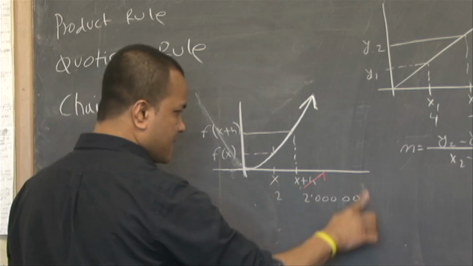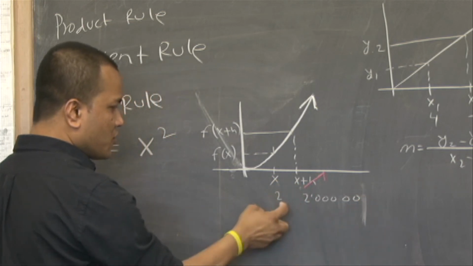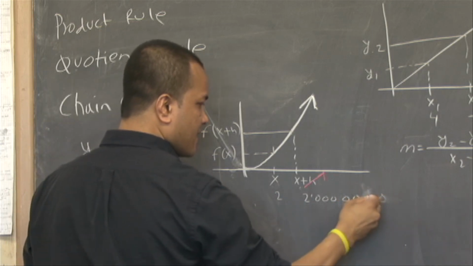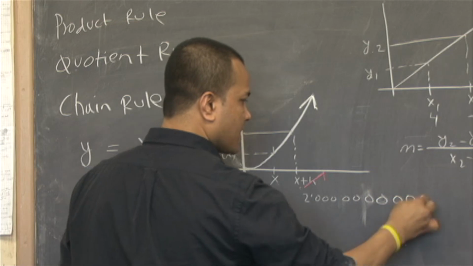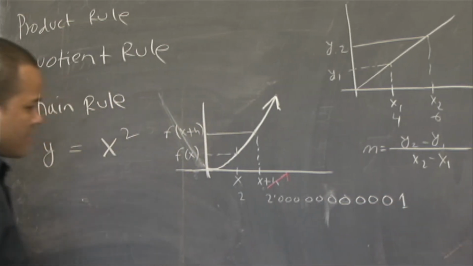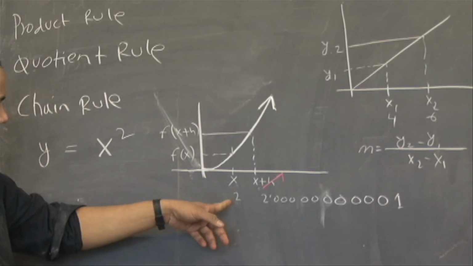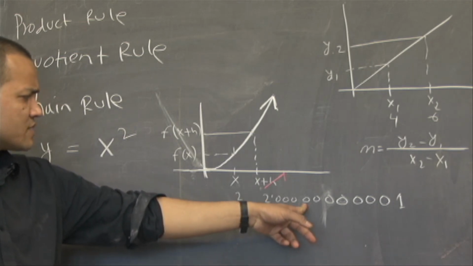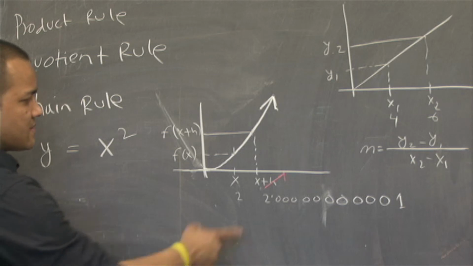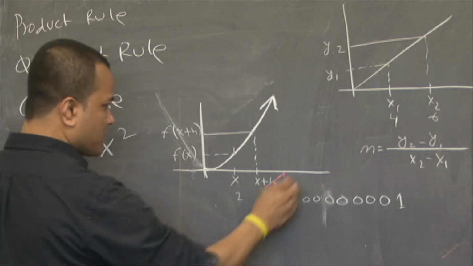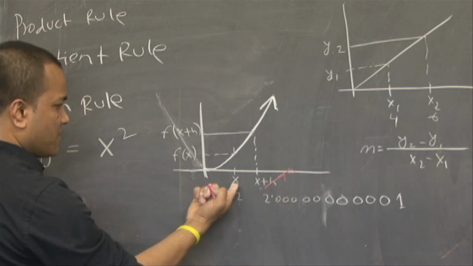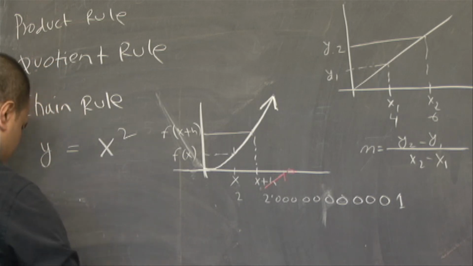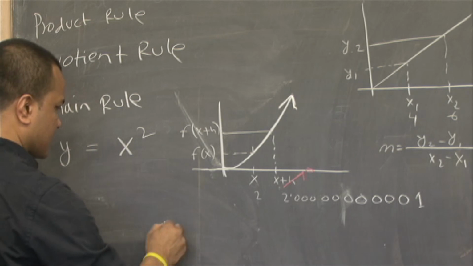That means the difference between 2 and 2 point something is becoming very close to 0. That means if h approaches 0, then there is no difference between this and this. That's what we write like that. We use a very fancy notation to express that.